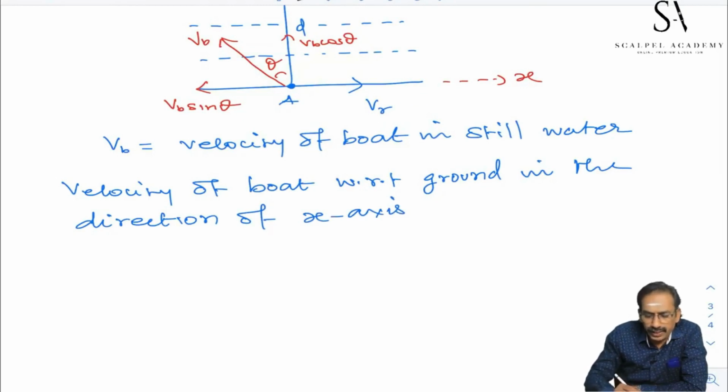So I take it as the velocity of the boat in the x direction, Bx, equal to Vb sin theta minus Vr.